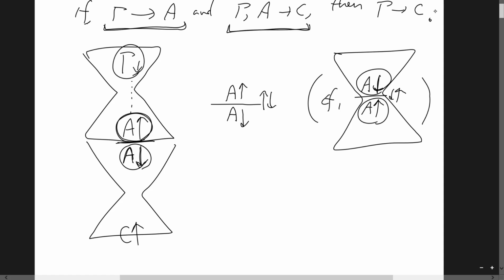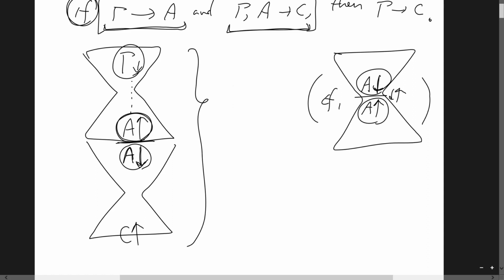So the if part allowed us to make this assumption. Again, notice that here we convert up arrow into down arrow. Normal judgment is converted to neutral judgment, not the other way.